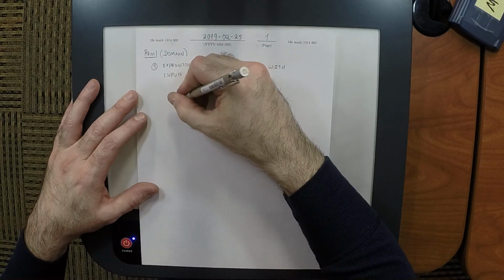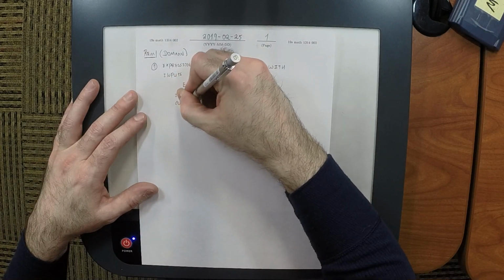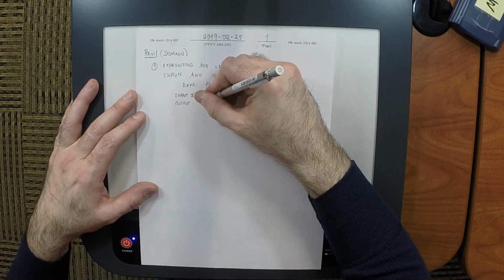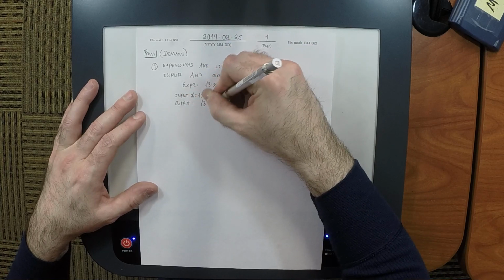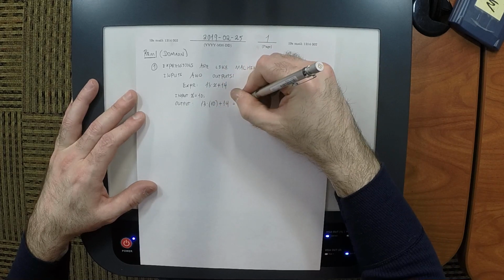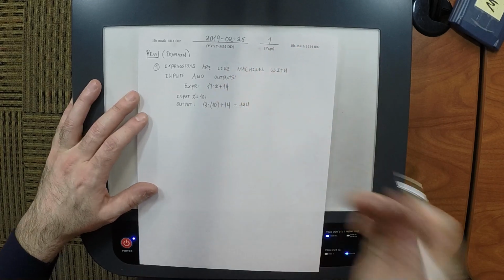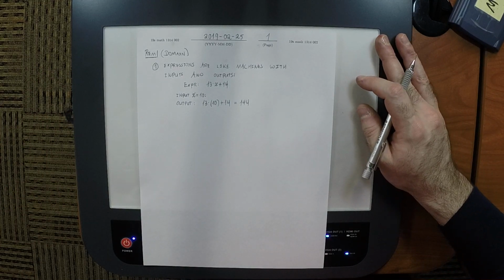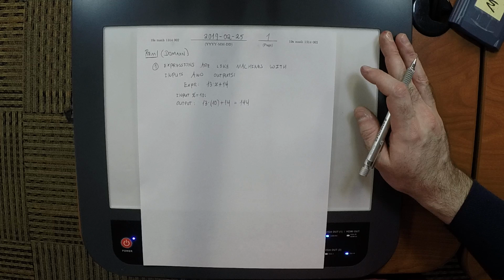Then in that case, the output would be 13 multiplied by 10 and then plus 14, and then do some arithmetic and get 144. All right? And if you plug in a different value, you could very well get a different output.